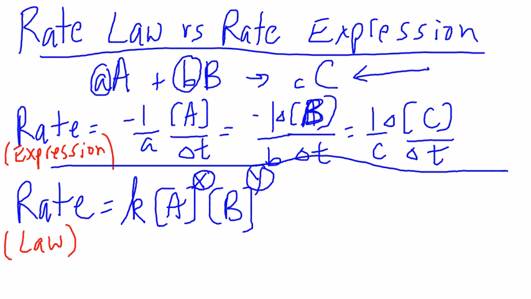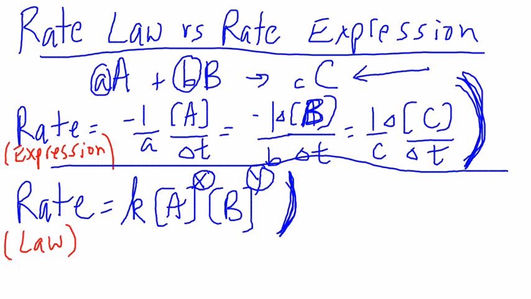What the difference between these two is: this first expression, the rate expression, tells us that we can follow any particular reactant or product to determine the overall rate of the reaction. But in order to determine the rate law, we must conduct experiments. And the rate law will tell us something a little bit more about the balanced chemical reaction.